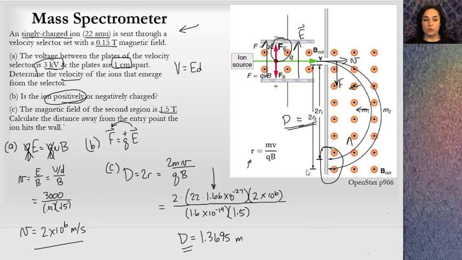And if you know the distance it travels, then you can identify what that mass was and what that ion had to be, and then you know the isotope. So a really cool application of charges moving in a magnetic field.